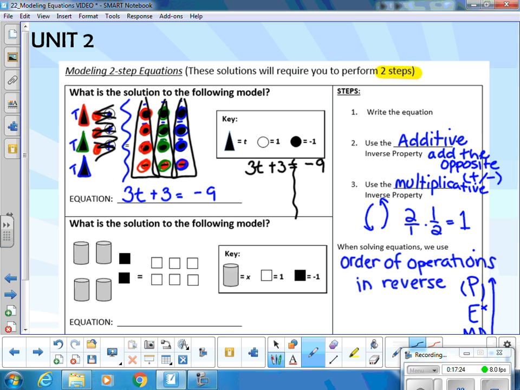Here's my two sides of the equation. So I got rid of this plus 3 by adding 3 negatives. When I did that, a 3 and a -3 equals 0. So I can just get rid of that. Anything plus 0 is going to equal the same thing, so I can just bring down what's left, the 3t.